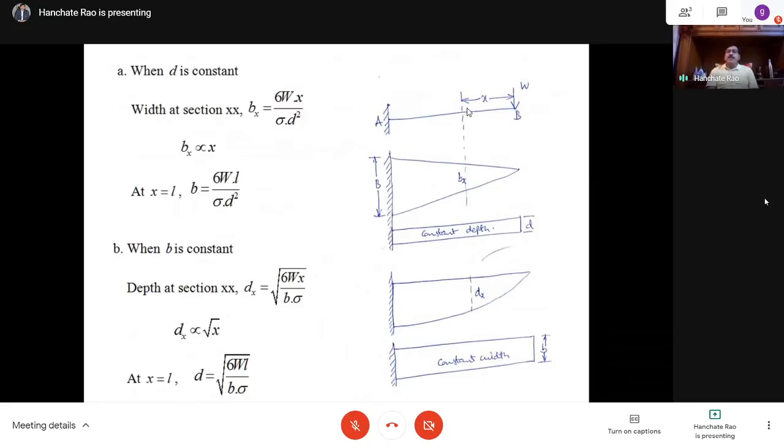Bending moment at any section is the algebraic sum of all the moments either to the right or to the left of the section about the section. There is only one load on the right side, so the moment is W into X. It is a clockwise moment on the right side, so it is a hogging moment, a negative moment as per our sign convention. Mx is equal to Wx.